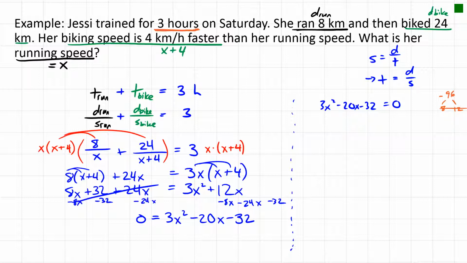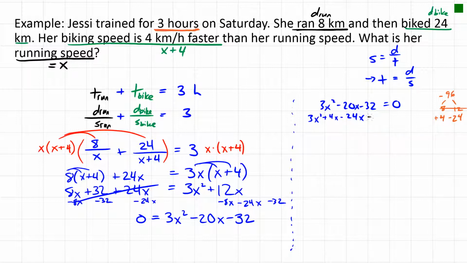But then I tried another one and I found 4 times 24. Those will multiply to 96. So if I make 24 negative and 4 positive, they multiply to negative 96 and they add to negative 20. So that would be 3x squared plus 4x minus 24x.